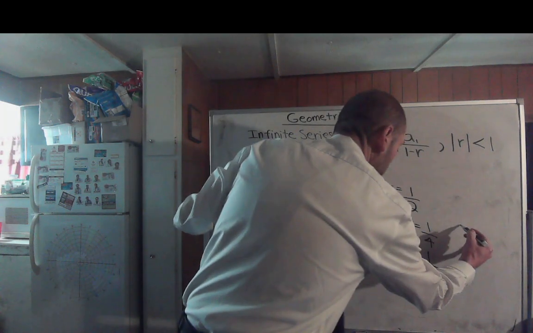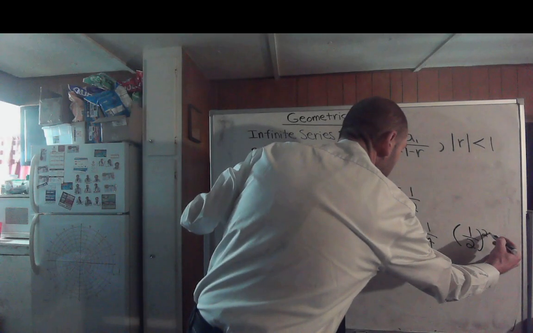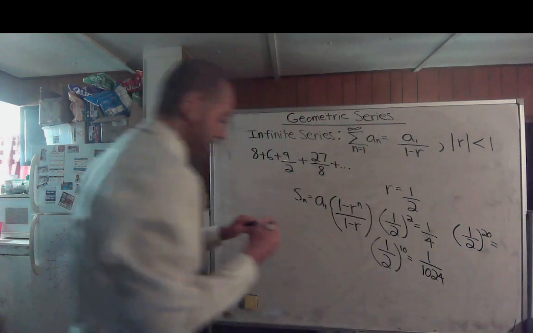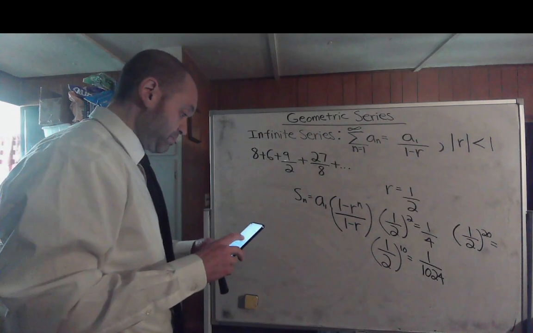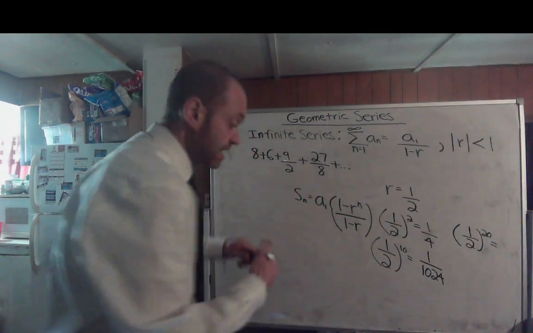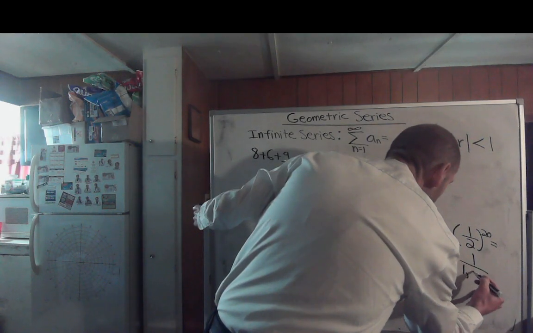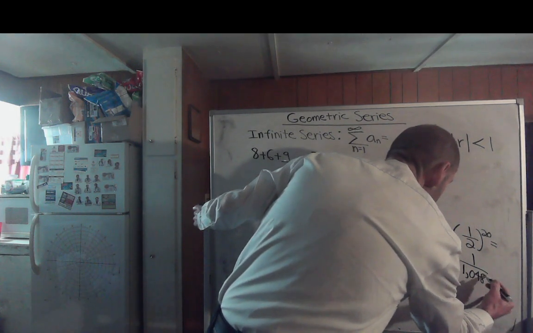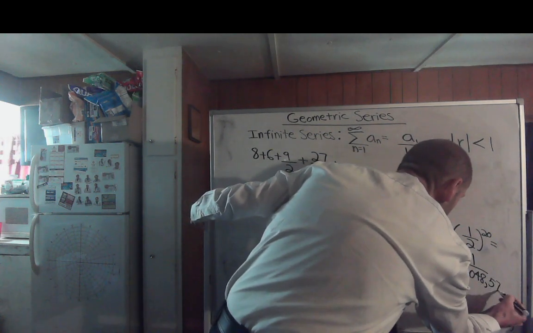And let's do another one. Let's say I take 1 over 2 to the 20th power. What would I get at that time? I'm going to take 2 to the 20th power. I would end up getting 1 over 1,048,576.